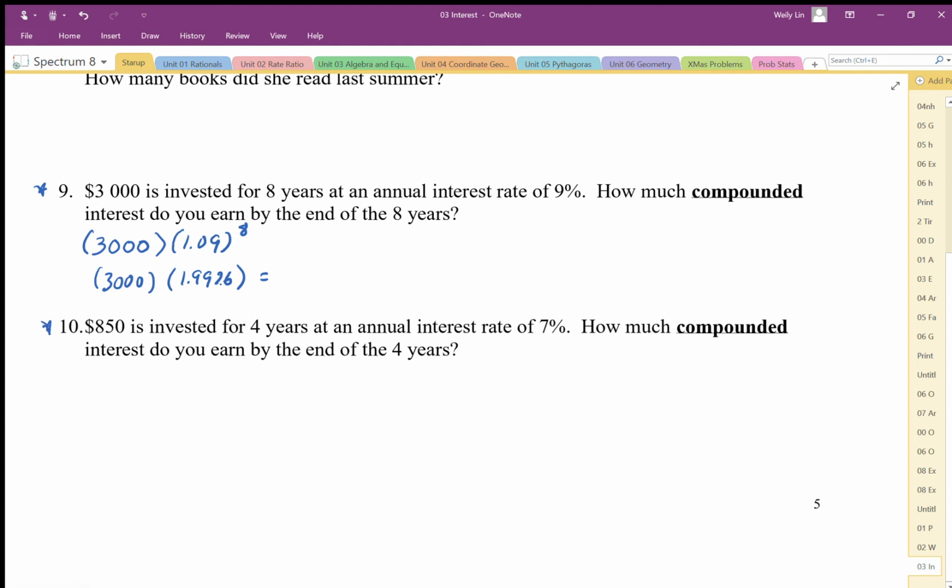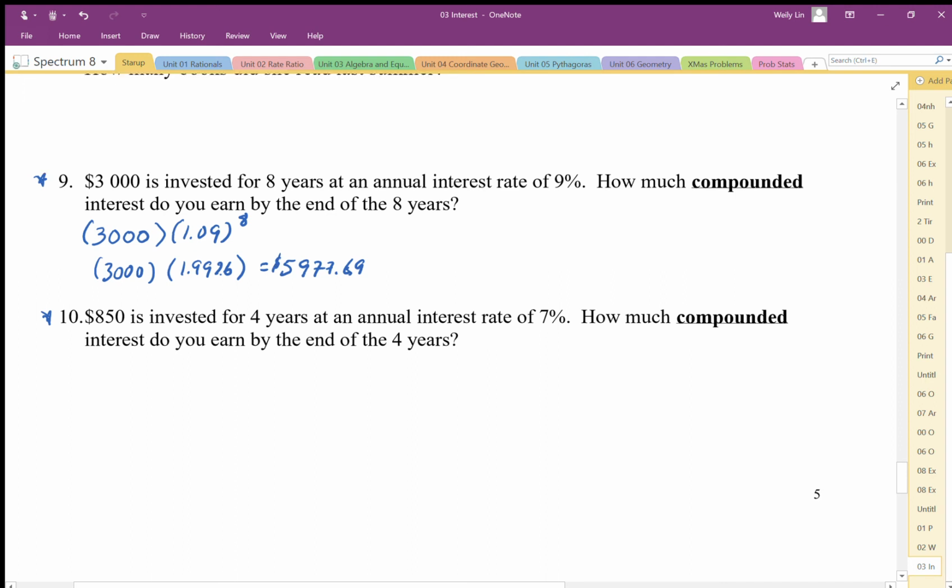Now you could do this all in one calculation, but I'm just showing you the power part because that gives us our percentage increase. Okay, so we get $5,977 and about 69 cents.